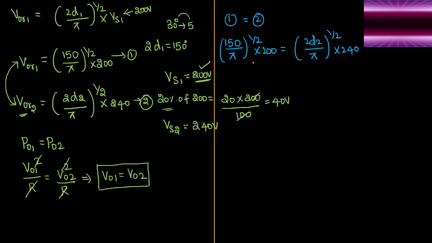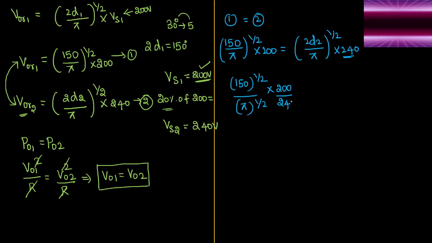Let me write this expression further. I need some space, so I'm removing these things. Okay, let us continue. We can write 150 whole power 1 by 2 upon pi whole power 1 by 2, into 200. Bring this 240 to the left hand side.